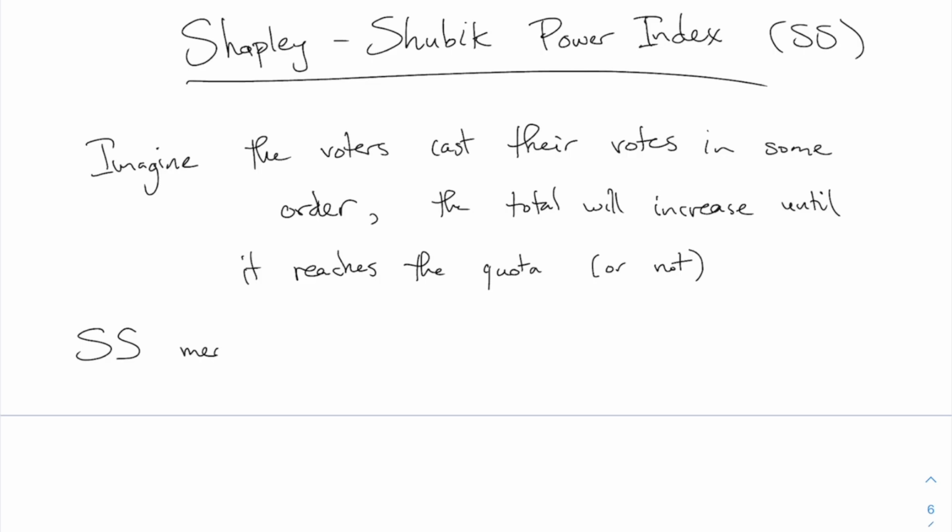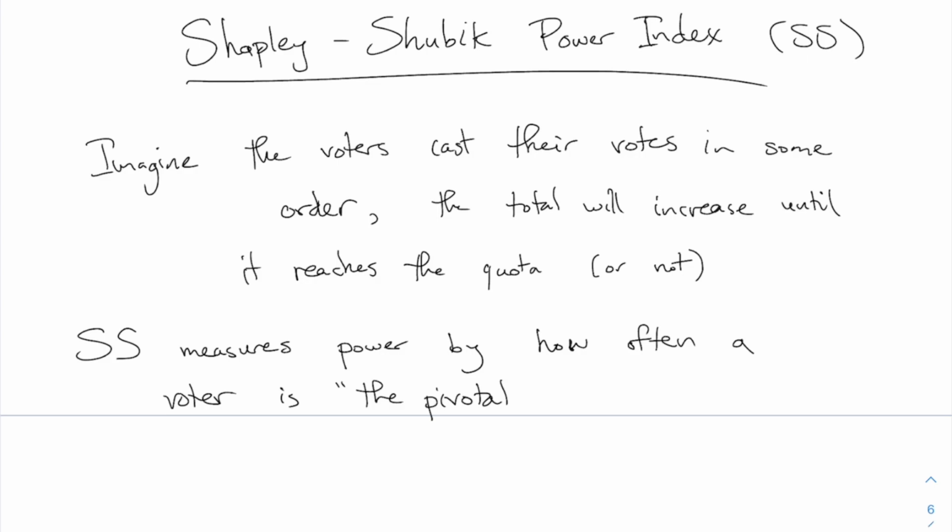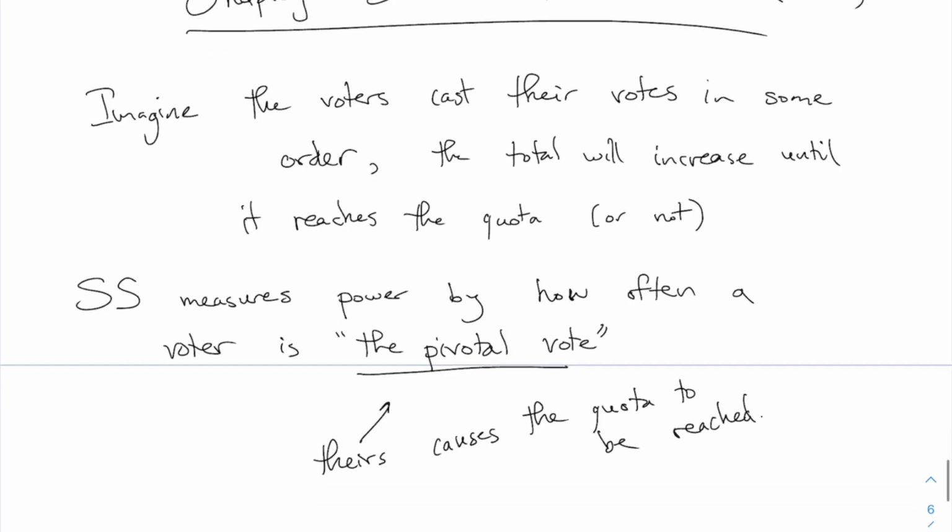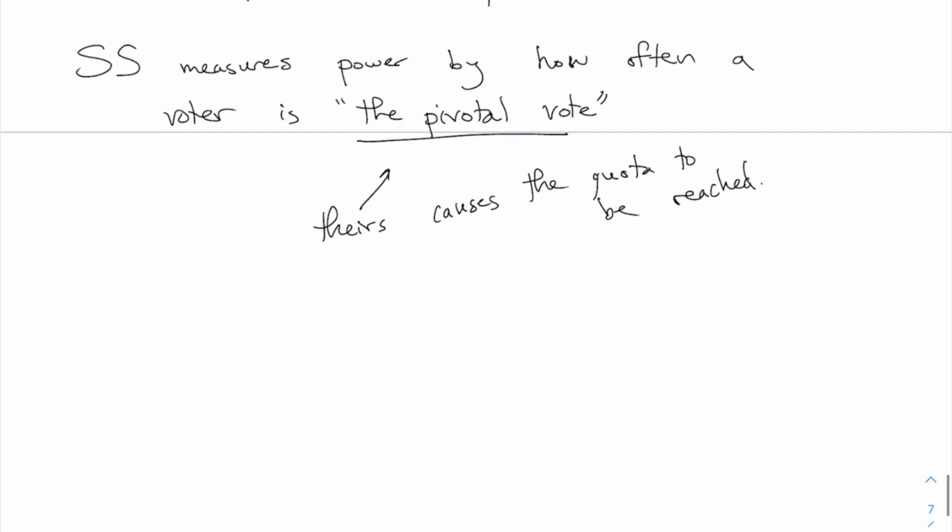Shapley-Shubik measures power by how often a voter is, there's a special name for this, the pivotal vote. What that means is theirs causes the quota to be reached. In that situation, they are called the pivotal vote, all right?